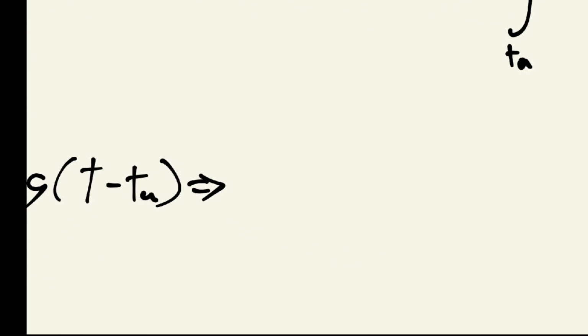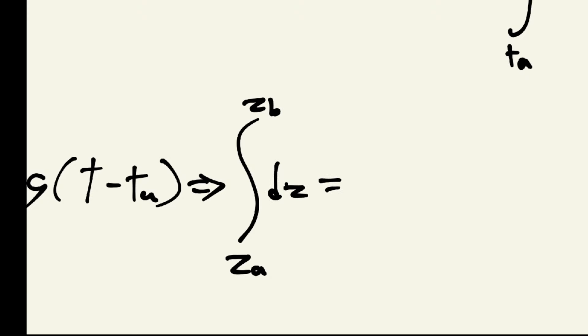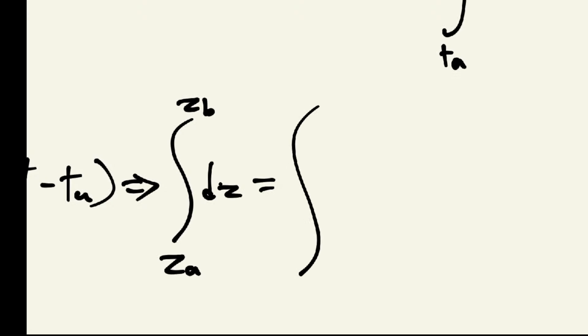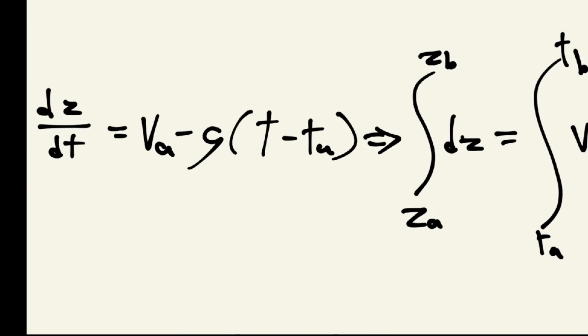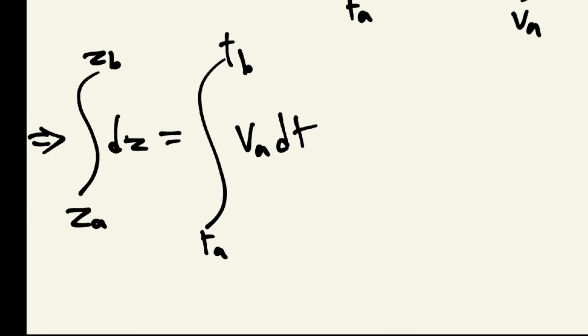We would have an integral from z sub a till z sub b of dz, and we're going to integrate both sides, equals an integral from t sub a to t sub b of va times dt, because notice we brought the dt to the other side again. And then we also have to account for this element, which is just going to be a separate integral altogether.